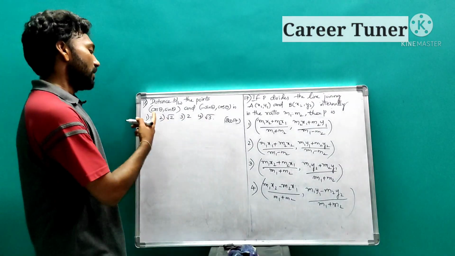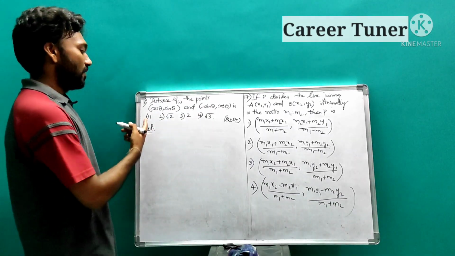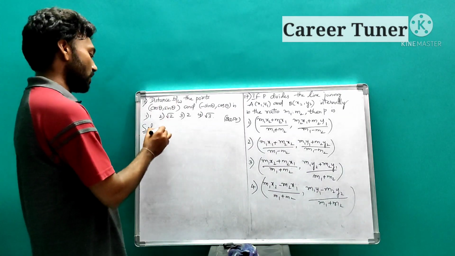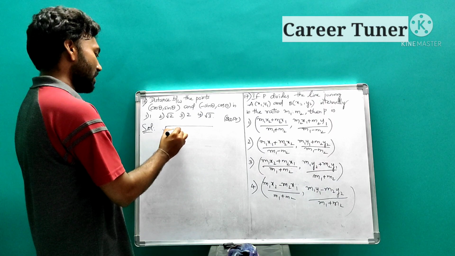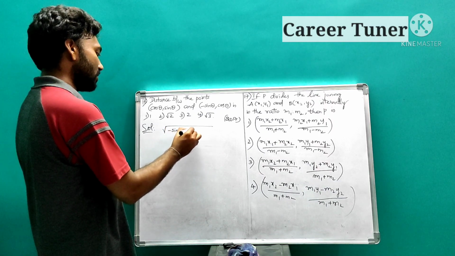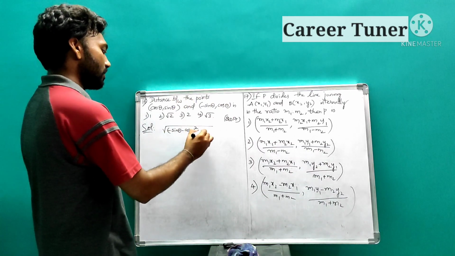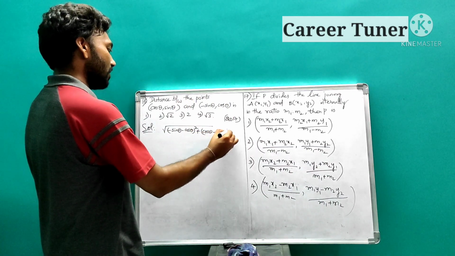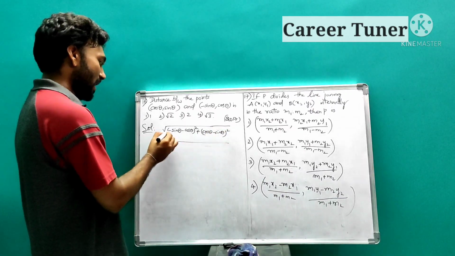The distance between the points cos theta comma sin theta and minus sin theta comma cos theta is 1, root 2, 2 and root 3. So how to find? Distance between 2 points is root of x2 minus x1 whole square plus y2 minus y1 whole square, so minus sin theta minus cos theta whole square, plus cos theta minus sin theta whole square. Now you see, this is nothing but root of minus and minus.